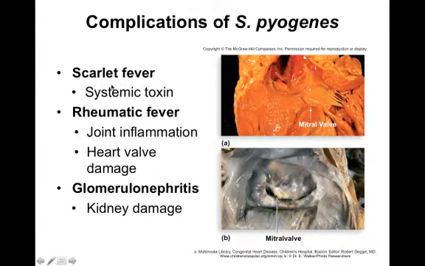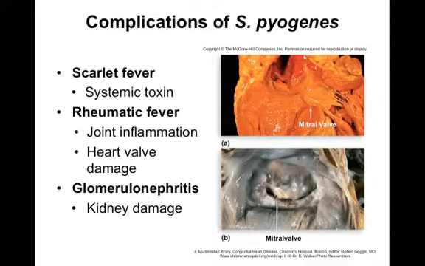The first one being scarlet fever, which is the release of a systemic toxin, usually a hemolysin, which lyses red blood cells, and this toxin distributes throughout the body and causes a red rash and a more severe fever. Generally, it's not too serious.